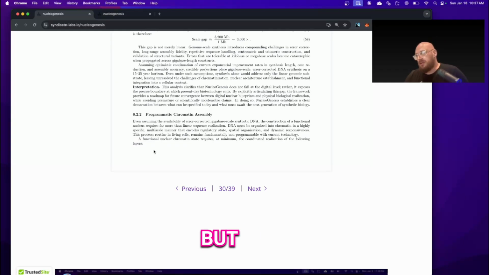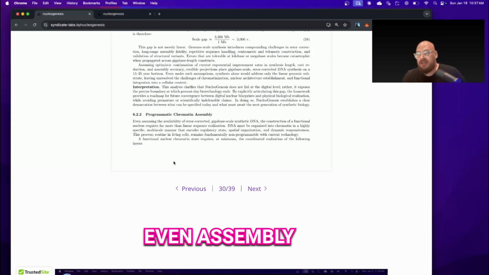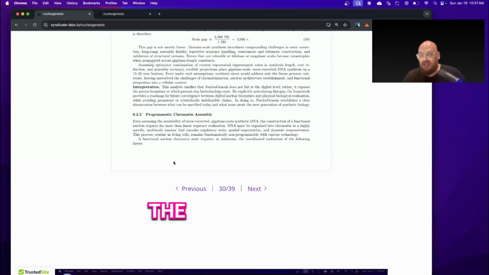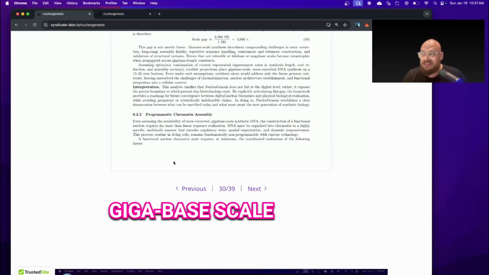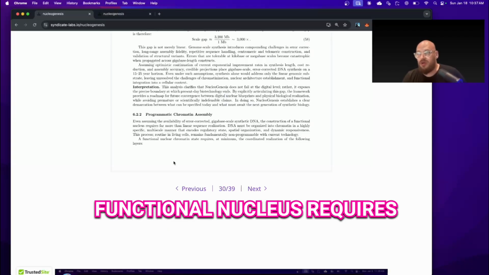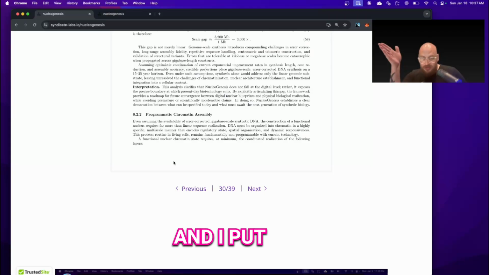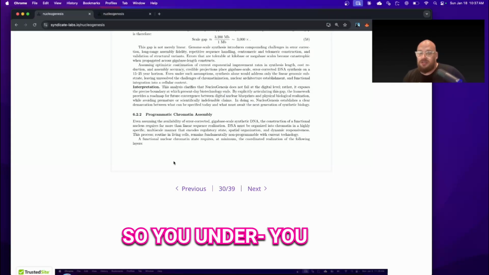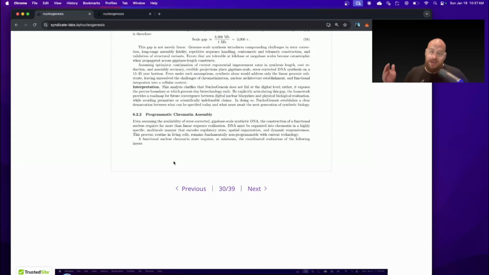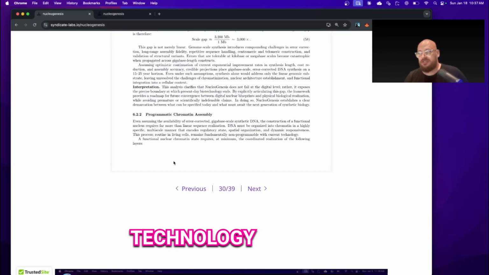But here, programmatic chromatin assembly, even assuming the availability of error-corrected gigabase-scale synthetic DNA, the construction of a functional nucleus requires far more than linear sequence realization. I get that, and I put that in the paper so the reader understands this is a framework that will still need to be matured as technology increases.